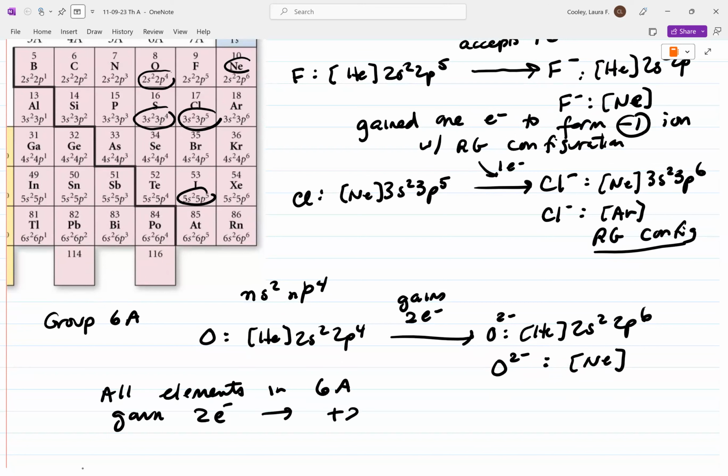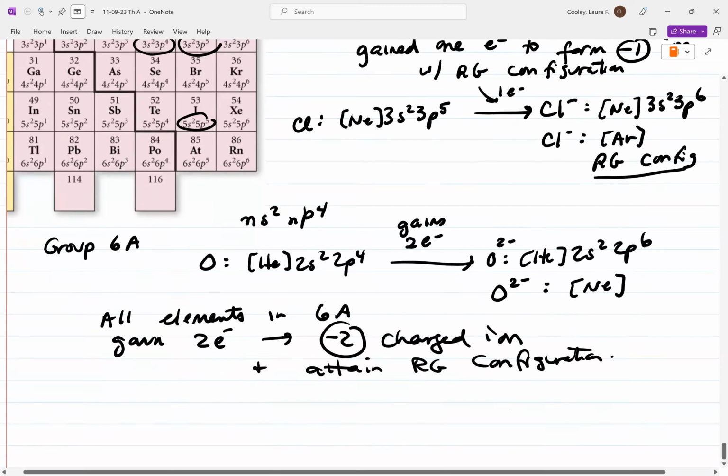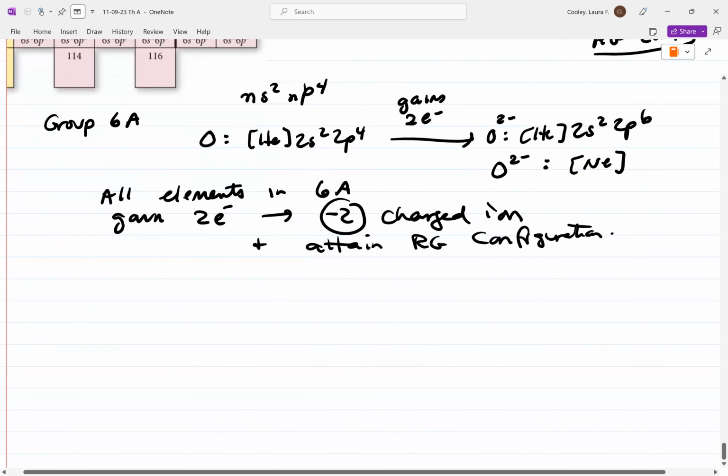So they form a -2 charged ion, and they attain the rare gas configuration. They all do that. Okay, so you can see that there are very nice patterns that appear as you go across the periodic table and down the periodic table.